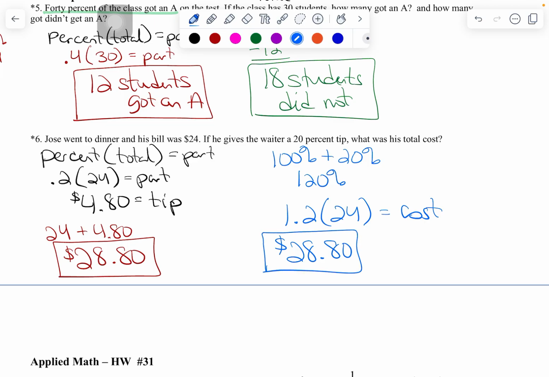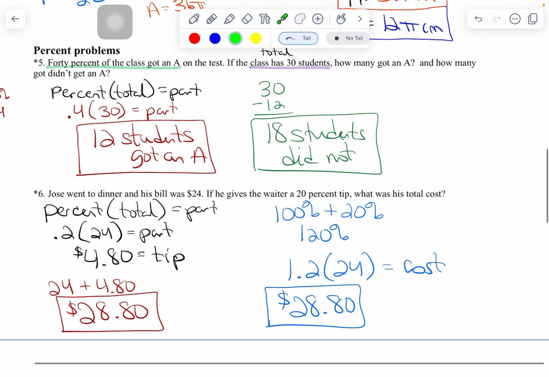Whether you find the tip first and then add it to the bill, or if you let the percentages kind of figure themselves out. So 100% is what he has to pay for his bill, and then he's going to add on a 20% tip to that. So that's where I created this 120%. So 1.2 is the percent, the decimal that you're looking for there, times your actual cost. So either way you do it, you still get the same answer there.